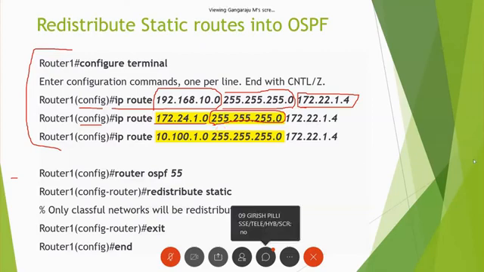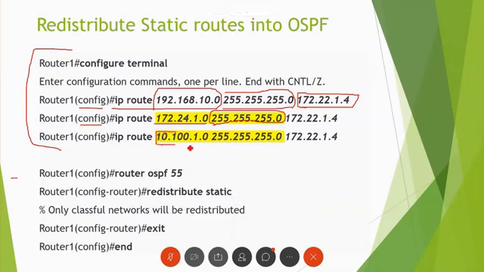No. It is not a default subnet mask, which means it is subnetted, it is classless. It's not classful, it is classless. Similarly, we have the third static route, which is class A, 10.x, and the subnet mask also does not belong to class A. So this is also classless.